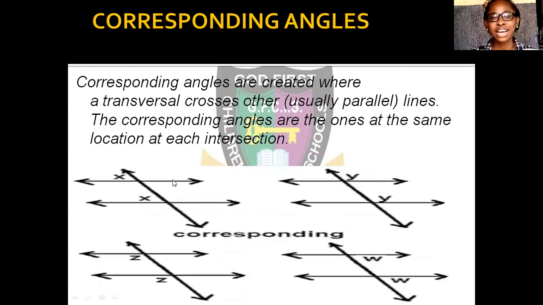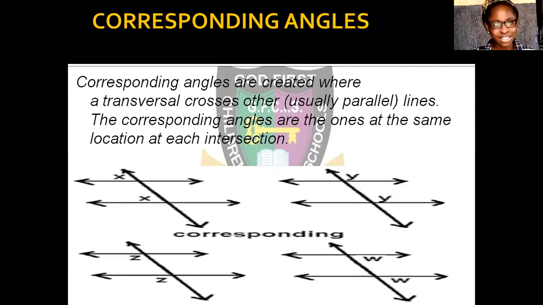This is a parallel line that can never meet, and the transversal line crosses the parallel lines, and the corresponding angles are the angles that lie side by side of the intersection. This is the intersection. They lie side by side. They are called corresponding angles.